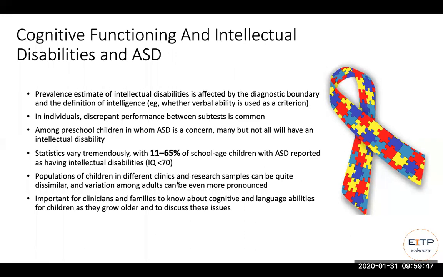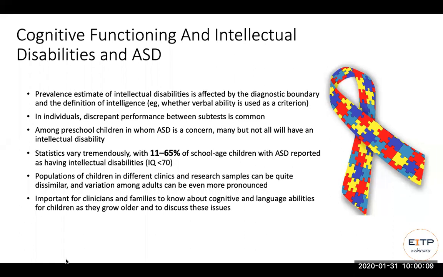Usually we consider global developmental delay in young children as an estimate of whether the children are going to have intellectual disabilities. Kids with severe developmental delays in the first 3 years of life have a high risk for intellectual disabilities.